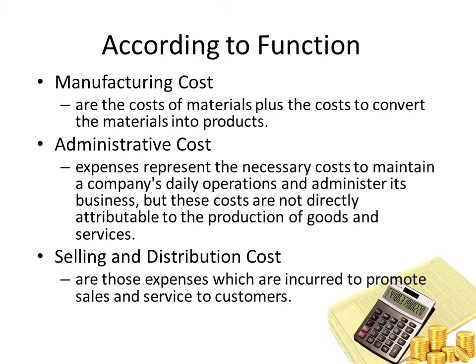Anything that pertains to advertising or to selling that particular product will go to our selling and distribution costs. For example, freight in is a manufacturing cost because you cannot produce the product without bringing it to the warehouse. That's why it's a manufacturing cost. Whereas freight out is distribution because you are now bringing the product to your customers. Okay?